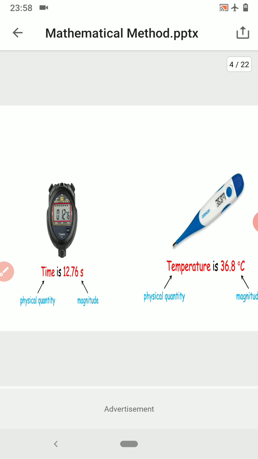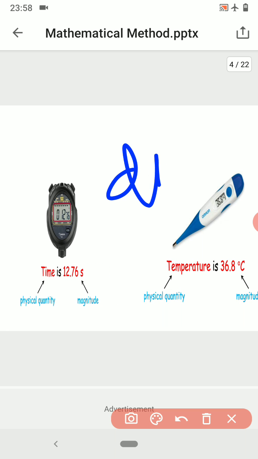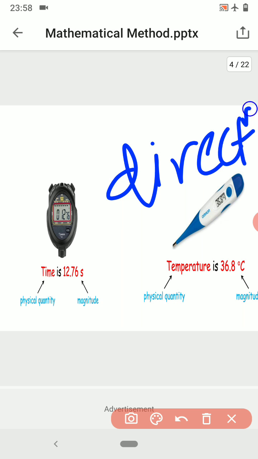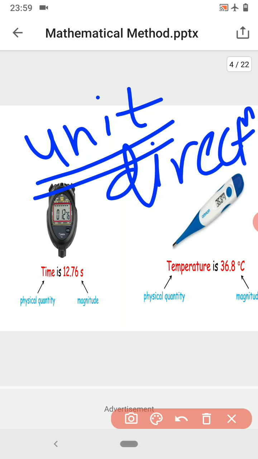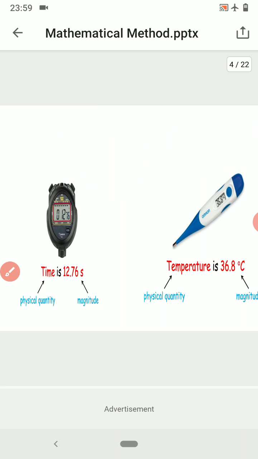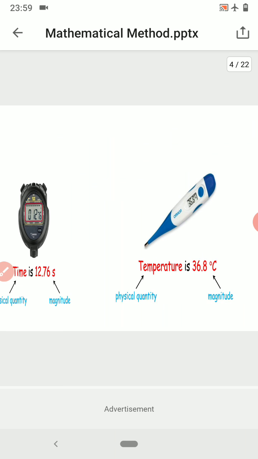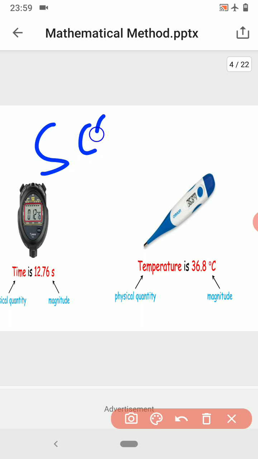So all these physical quantities do not require the direction, only the magnitude and unit are required, so all those quantities are called scalar quantities.